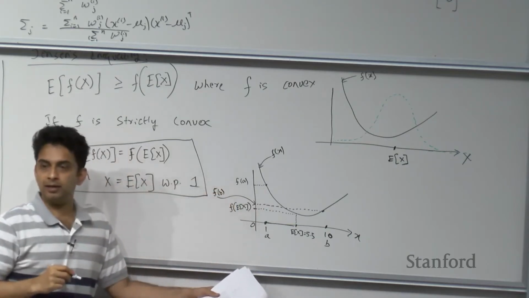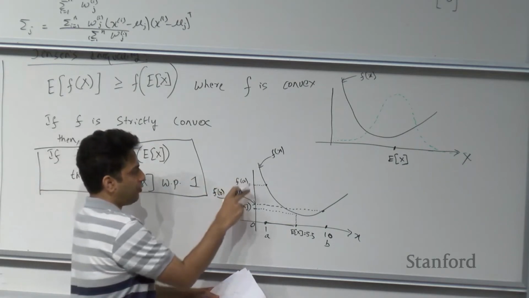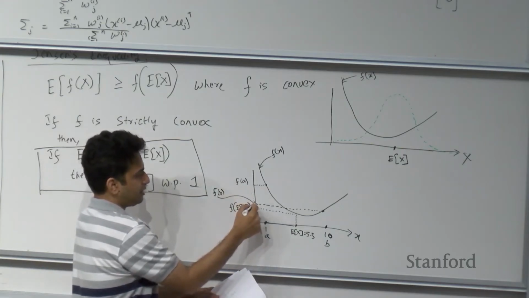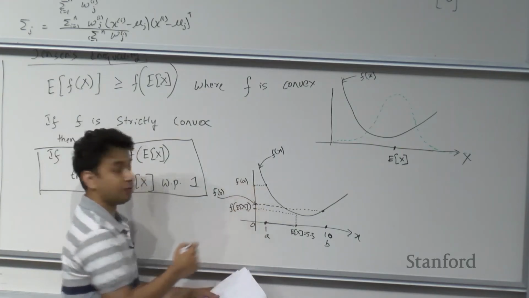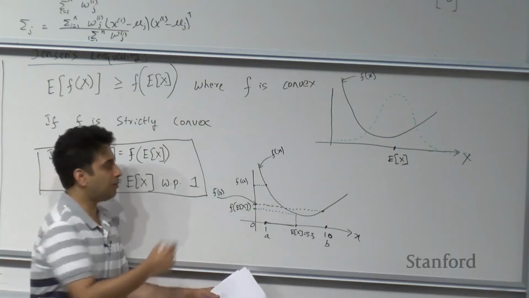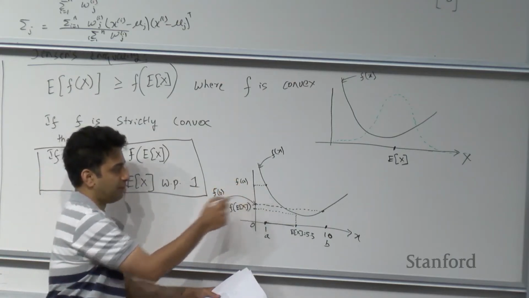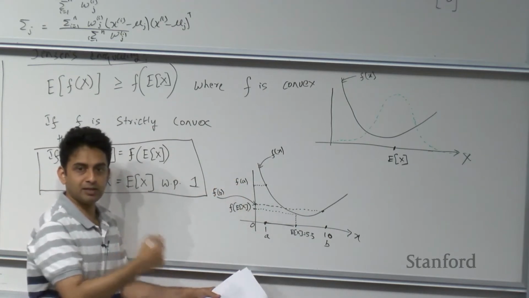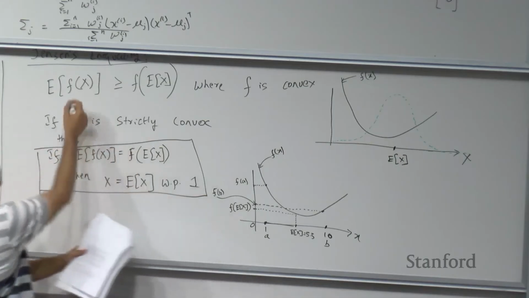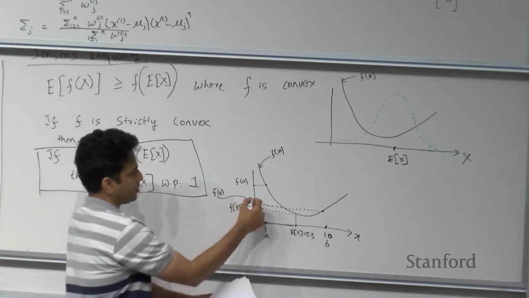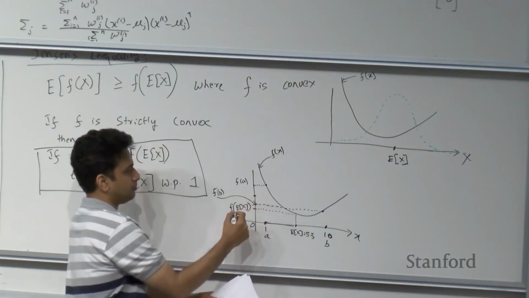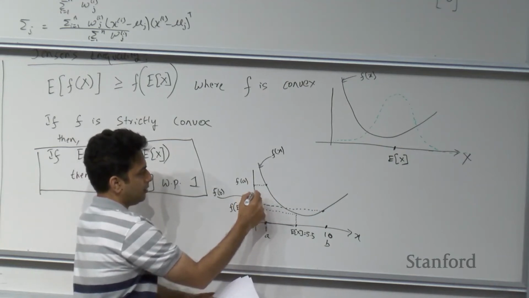Right? And expectation of f of x is basically the midpoint between f of a and f of b, because with probability half it takes this value, with probability half it takes this value. So the expectation of f of x is this one.